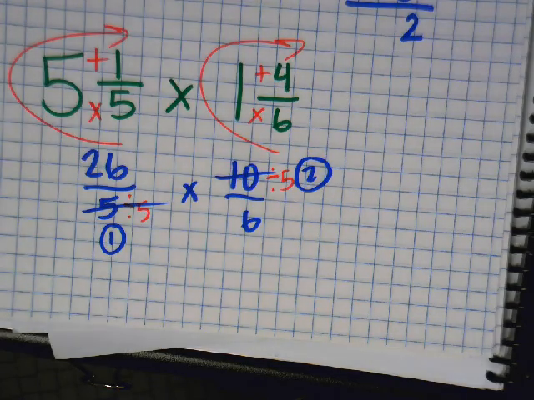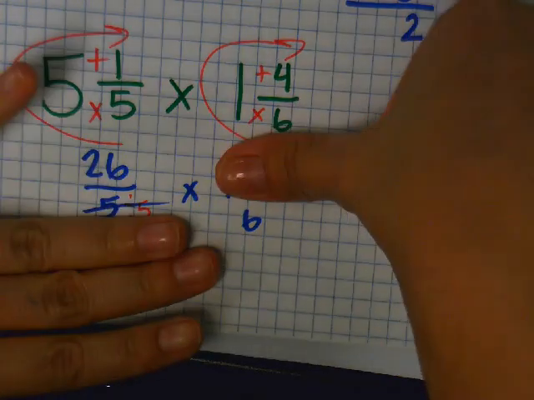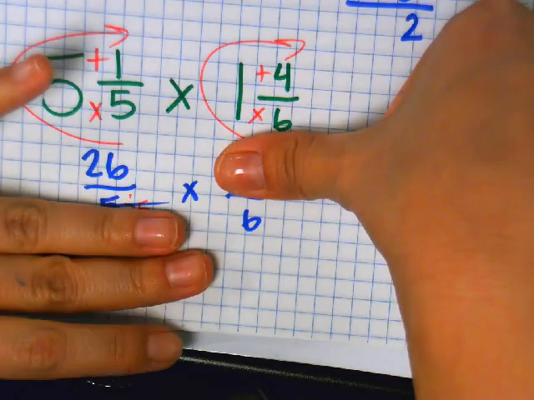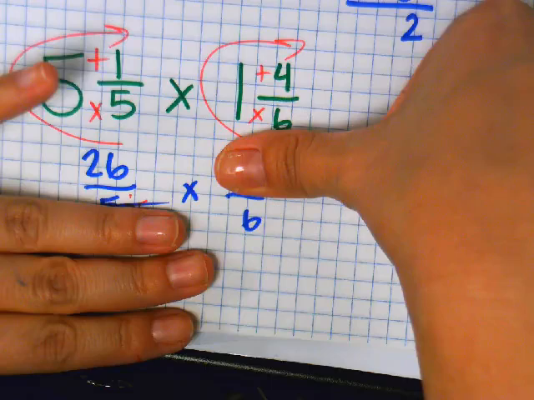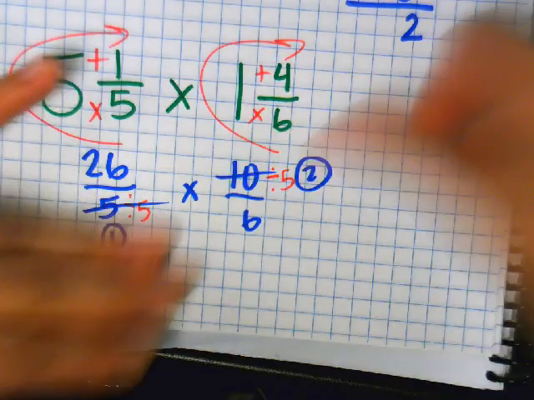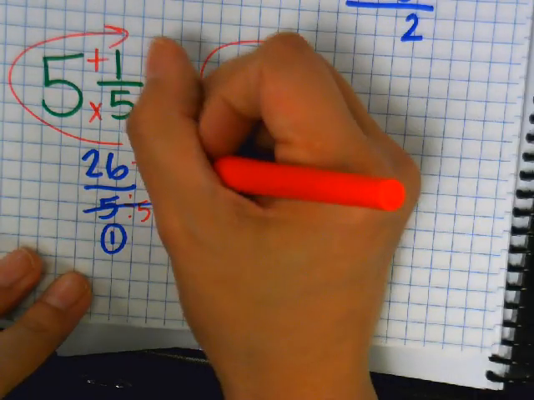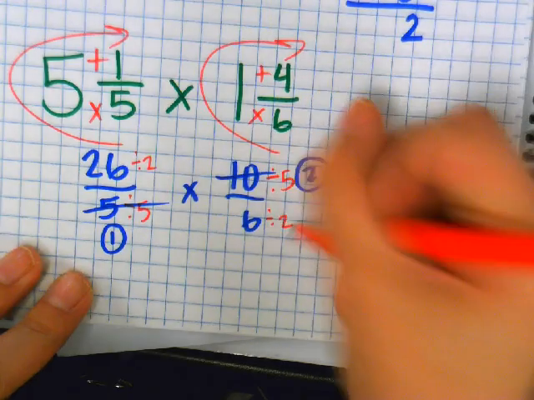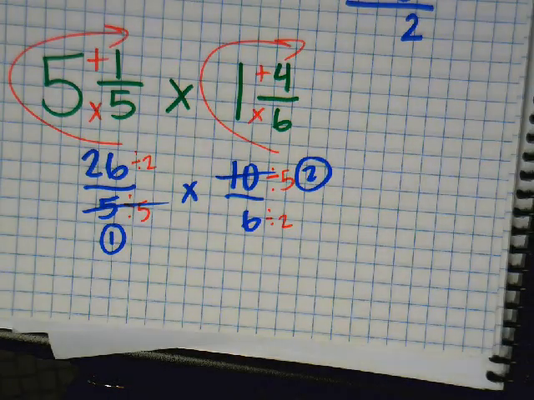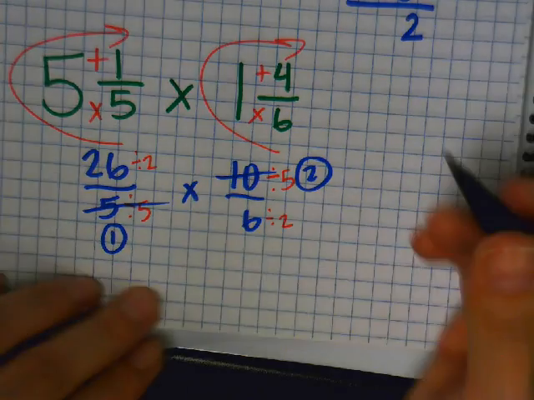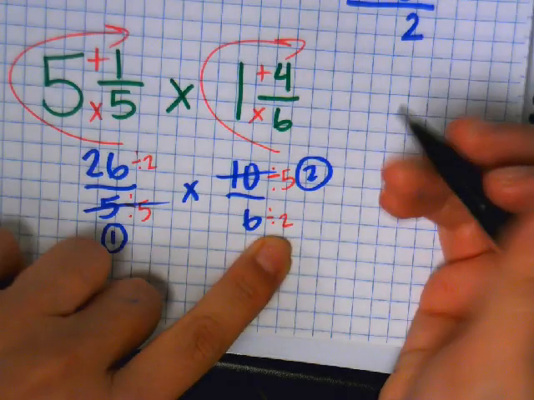Okay, 26 and 6. We can do something. We can divide these by 2. 6 divided by 2 is 3.